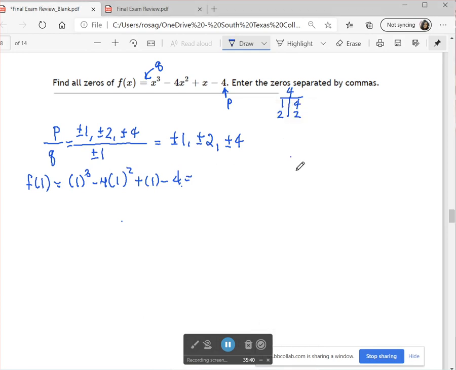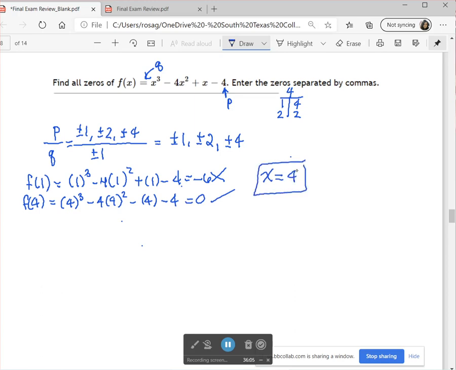I get -6. So that's not an answer, because it's only an answer if you get 0. So when I try 4, I do get 0. So I know that this is one of the answers.